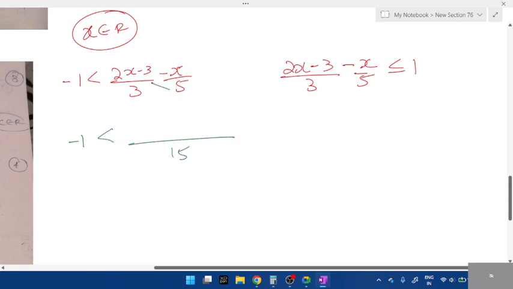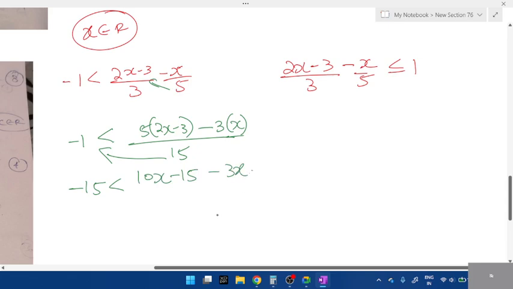LCM is 15. When you cross multiply, what do you get? 5 into 2x minus 3 minus 3 into x. 15 goes to the other side. Minus 15 less than 5 2s are 10x minus 5 3s are 15. 10x minus 3x is 7x.